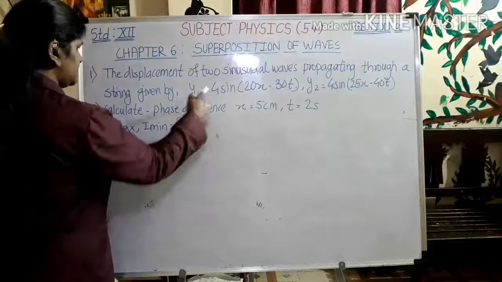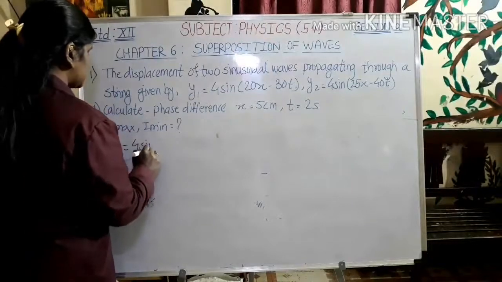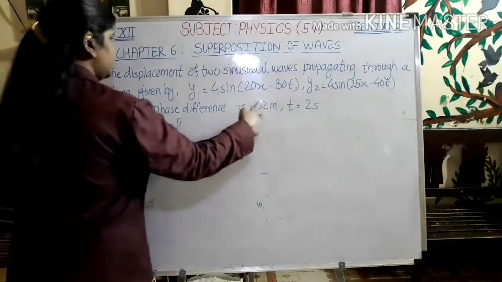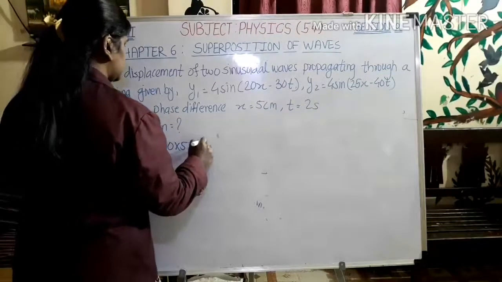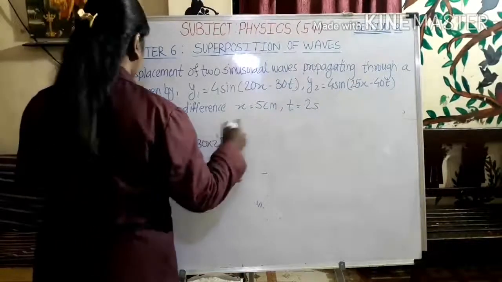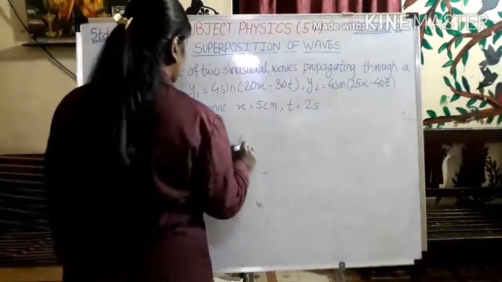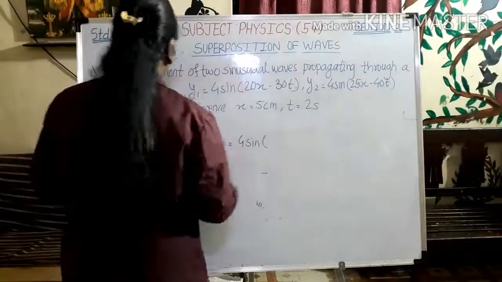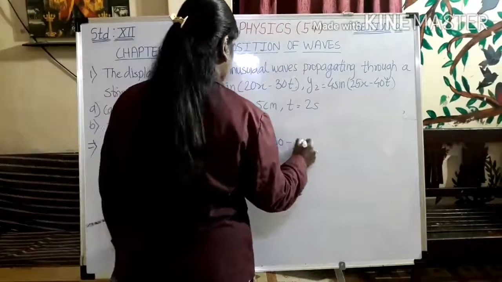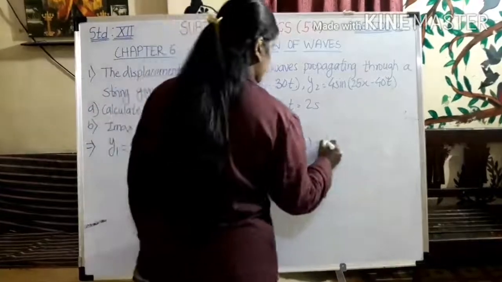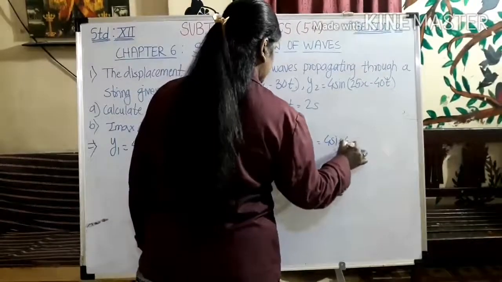So y1 will be 4 sin(20 into 5 minus 30 into 2). So what I will get over here, 4 sin 40.